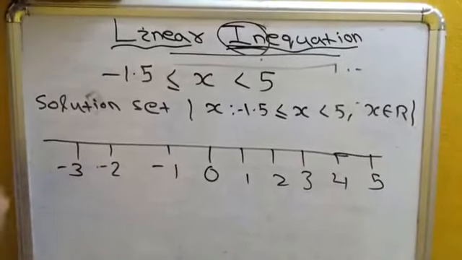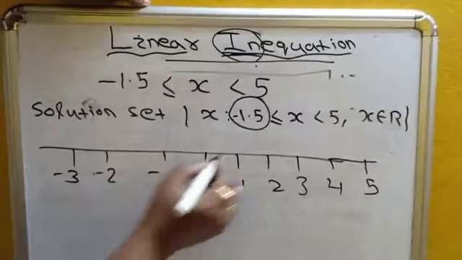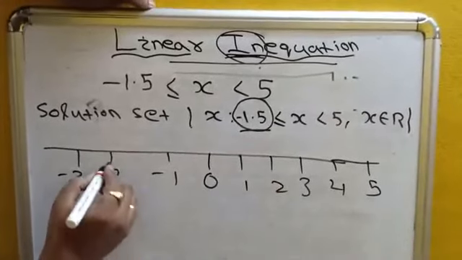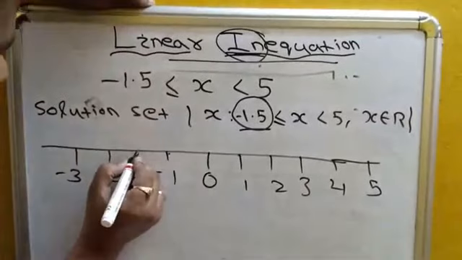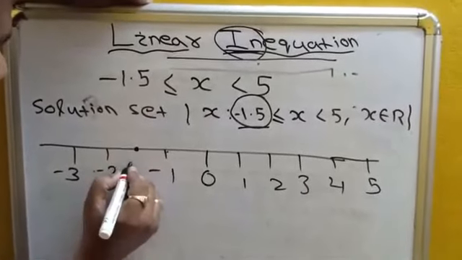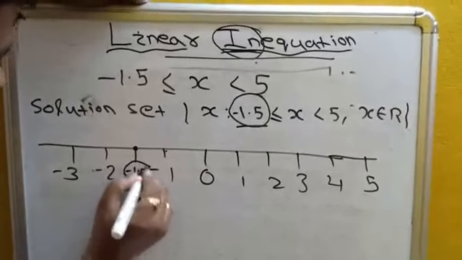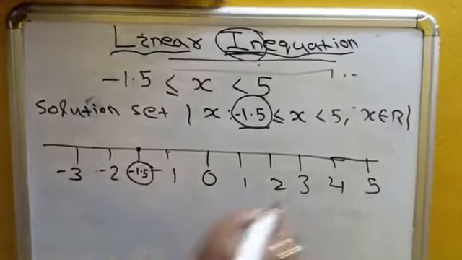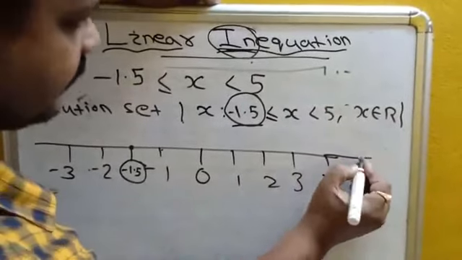Here you get minus 1.5, which comes in between minus 1 and minus 2, so I am writing minus 1.5 here. Okay, here 5 is there.